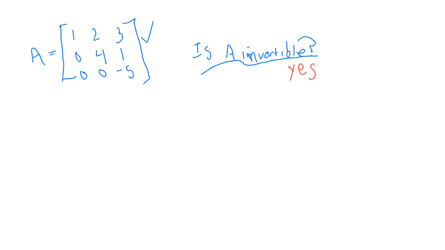Very good, Hum. There's a pivot in every row. Every row has a pivot. And by the invertible matrix theorem, in this case you have a 3 by 3 matrix, you have 3 pivot positions, and therefore the matrix is invertible.